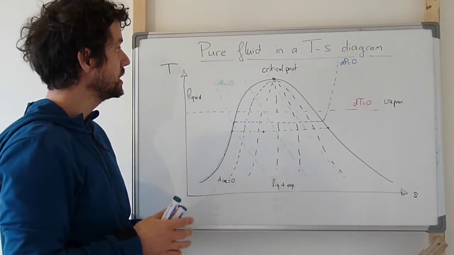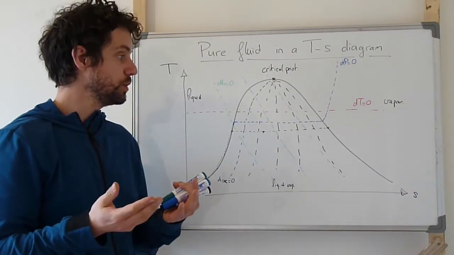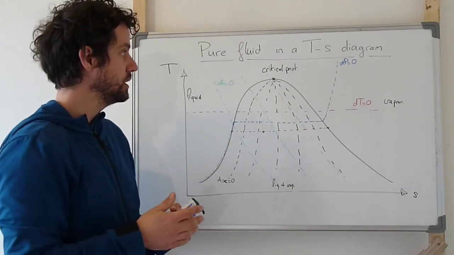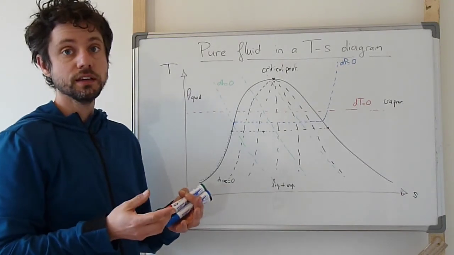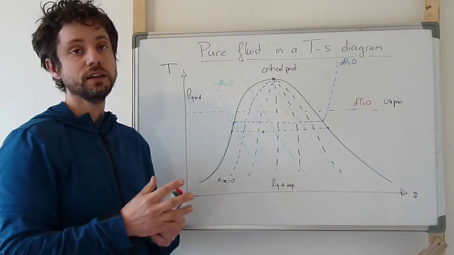And this is a very useful diagram in order to describe what is happening and different transformations that might be happening in a pure fluid or in any mixture of fluid, like for example an azeotropic mixture that is behaving like a pure fluid.